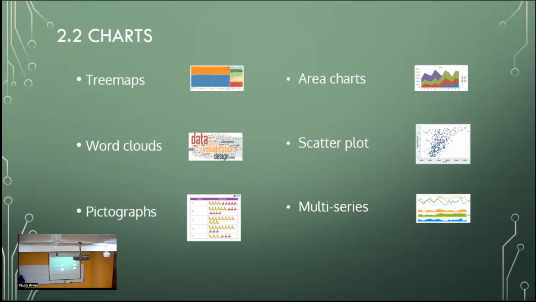The tree maps. It's another type of data visualization. Word clouds, pictographs. As you can see, pictographs aggregate different types of information. Array charts, scatter plots, where you draw plots in the XY axis, and multi-series.